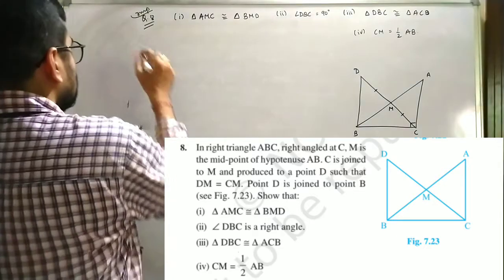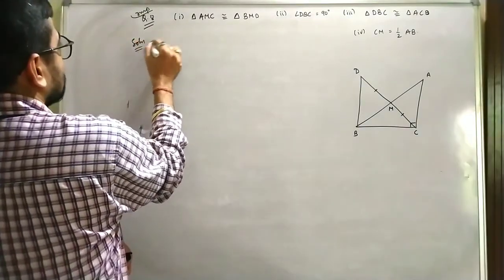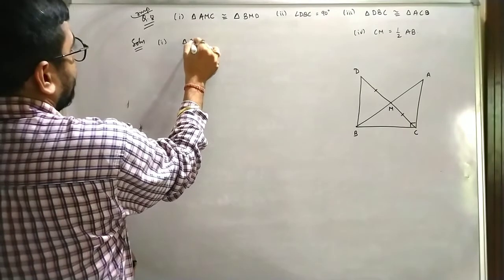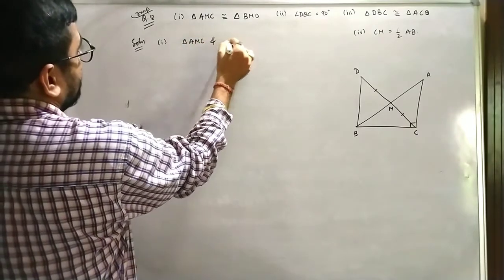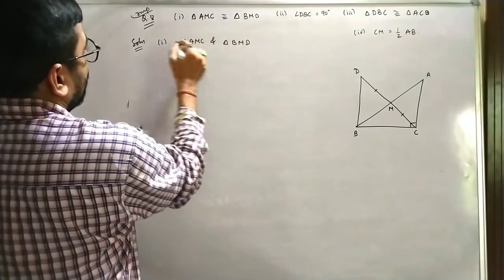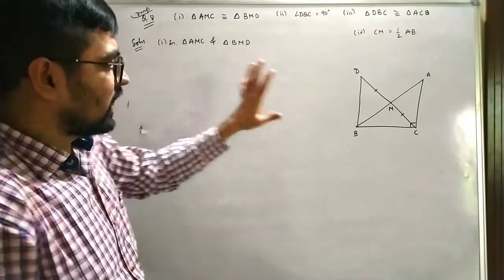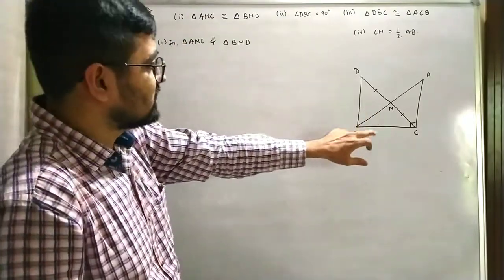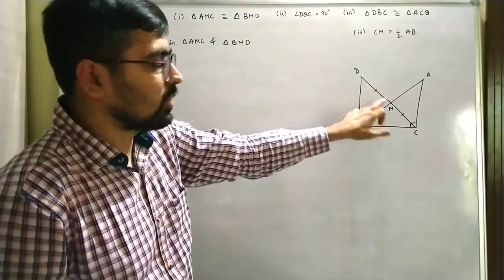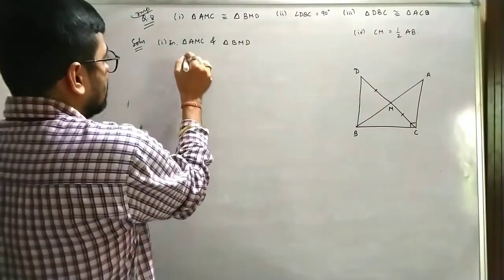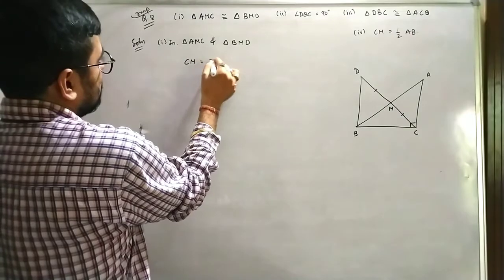These 4 things we are supposed to find. Now obviously, where will we start? First one. Now we want to show triangle AMC and triangle BMD congruent, so we'll consider these 2 triangles. If we observe carefully, the question already says that CM and DM are equal. So let me write CM equals DM.